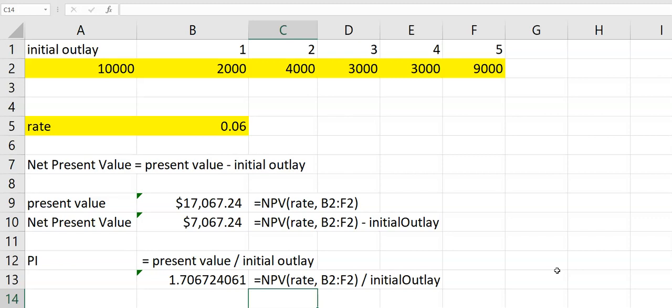Well, let's work this problem one more time to show you how else you can do it. And I'm not doing this to confuse you. I'm doing this to show you that NPV is really present value. And there's other ways of doing this. Let's suppose this was really 2,000 every period.